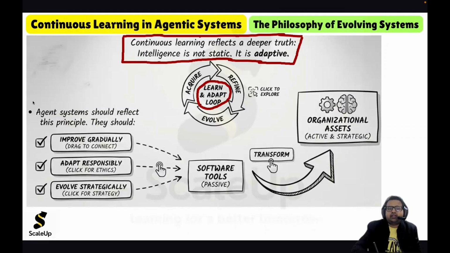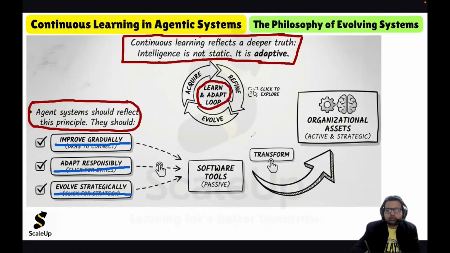Agentic systems should improve gradually, adapt responsibly, and evolve strategically. This transforms agents from passive software tools into organizational assets.